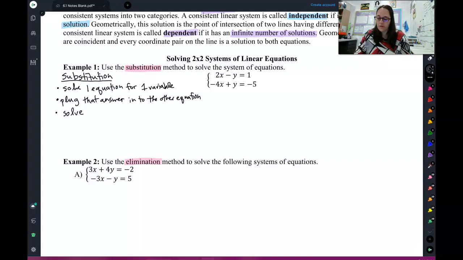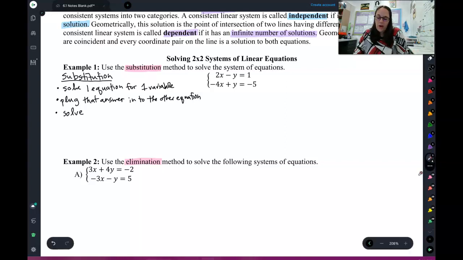So let's start with our first step. We're going to solve one equation for one variable. So I can either solve this equation for x, or I could solve that equation for y, or I could solve this equation for x, or that equation for y. Any of those options work. I'm going to pick this second one, and I'm going to solve it for y. So I take negative 4x plus y equals negative 5, and solve this for my y variable.